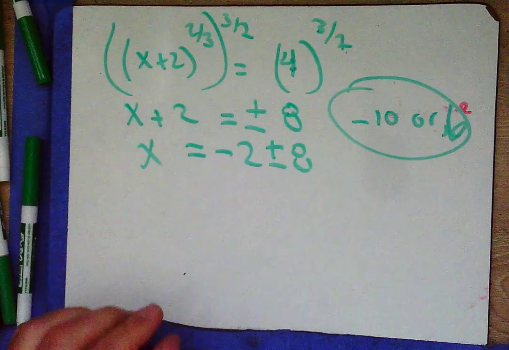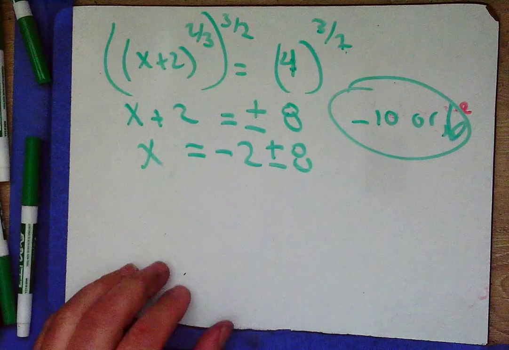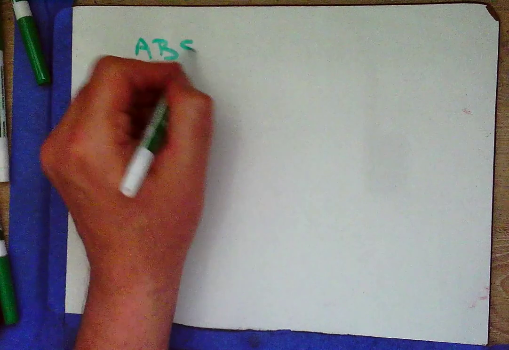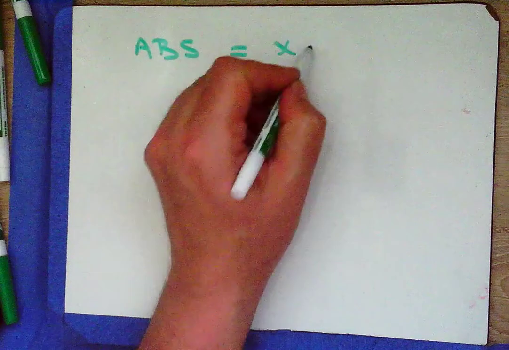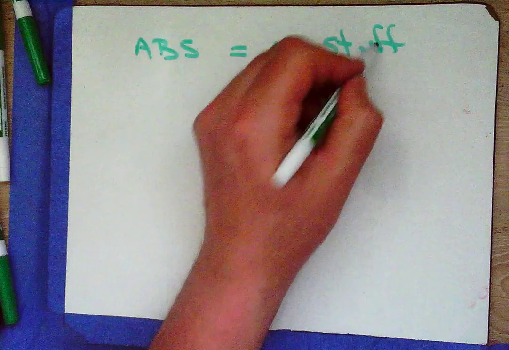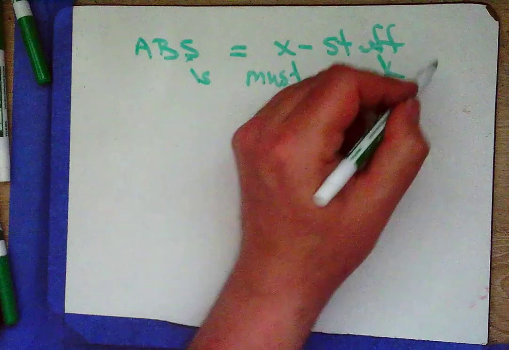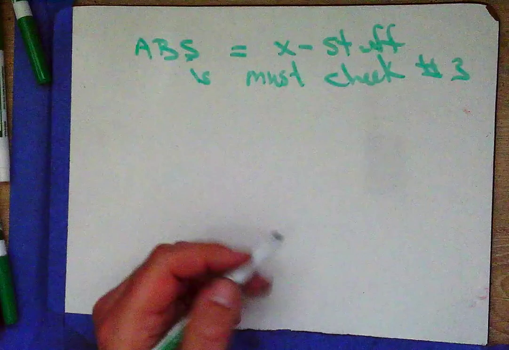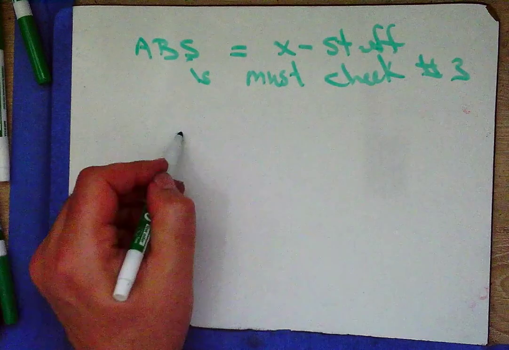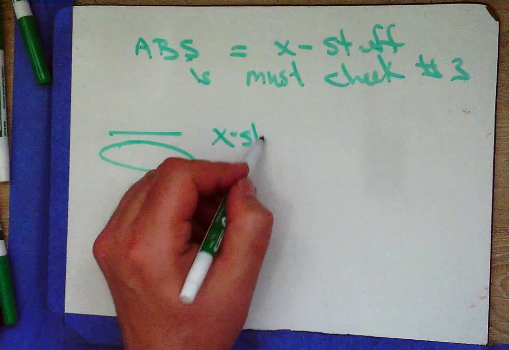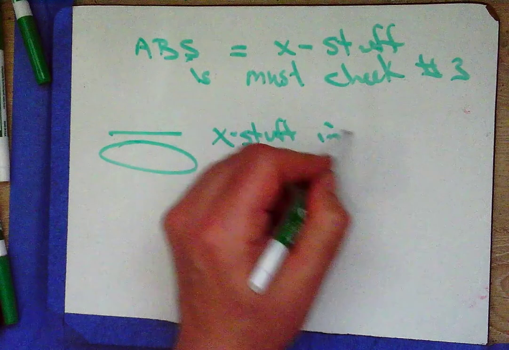Okay. What else? Well, then we talked about absolute value equations, didn't we? And we said in the last video that absolute value equals x stuff is must check number 3. So must check number 1, x stuff in denominator.